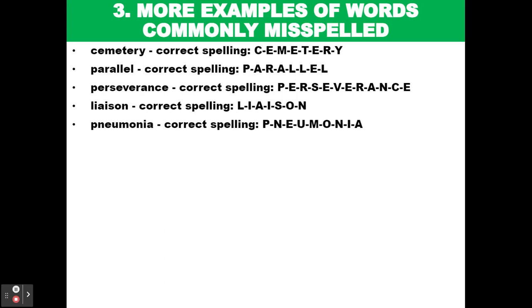Now, the word pneumonia, it poses some difficulty because when you hear the sound of pneumonia, you don't ever think that P should be included. But then this is what happens with some English words.